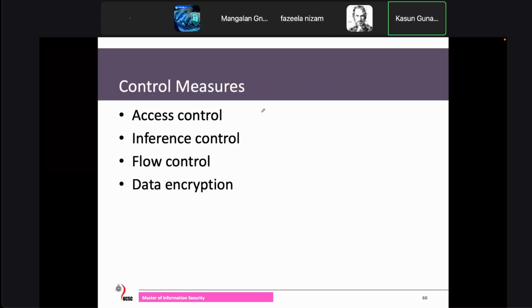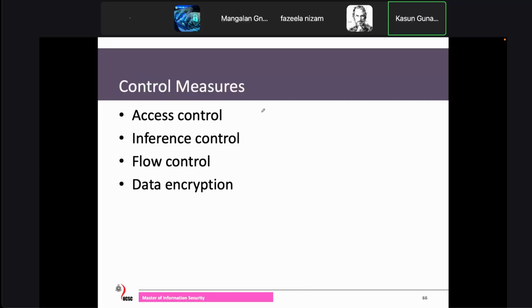As the control measures, we are mainly looking at access control. That is the main mechanism for enforcing security requirements, right? Access control is basically selectively allowing users to reach different parts of the database, right?